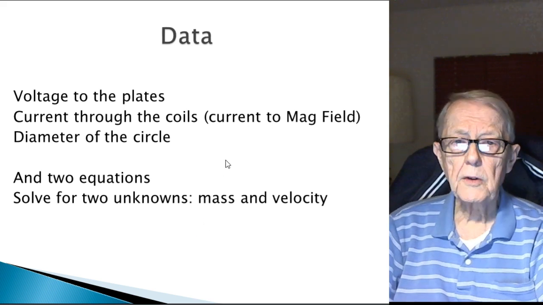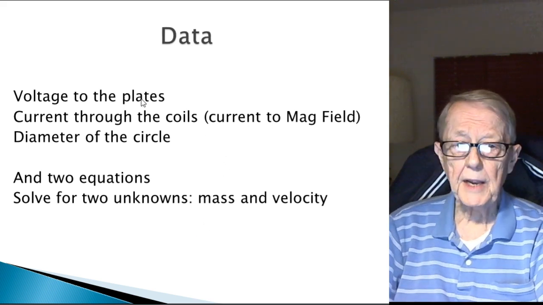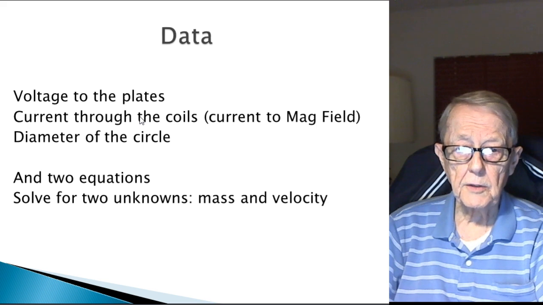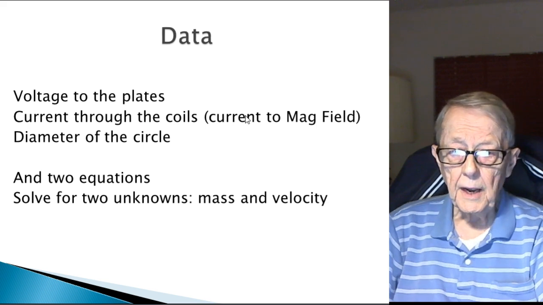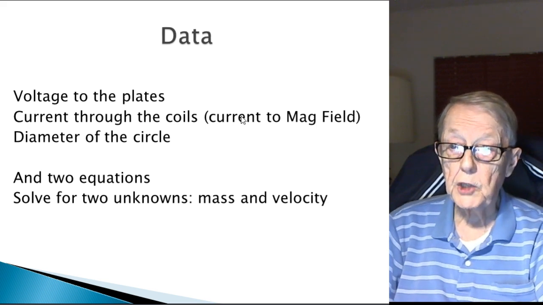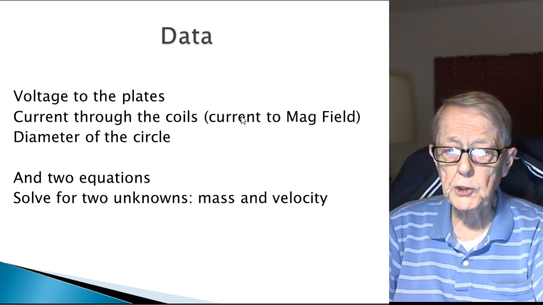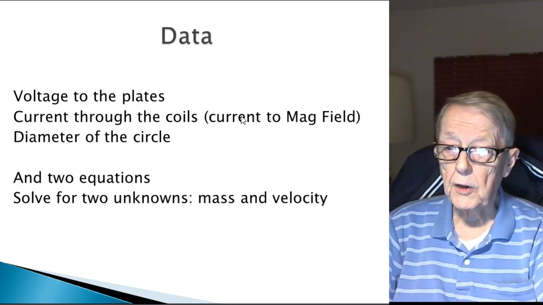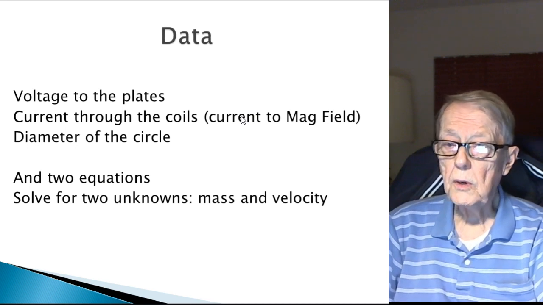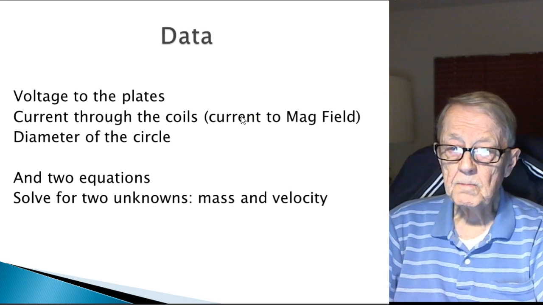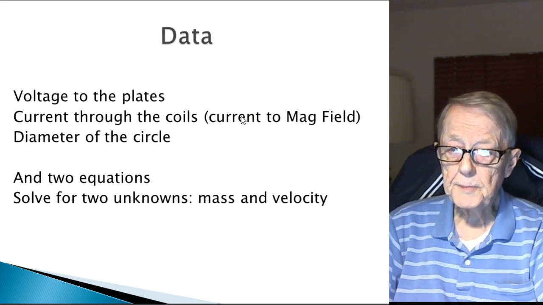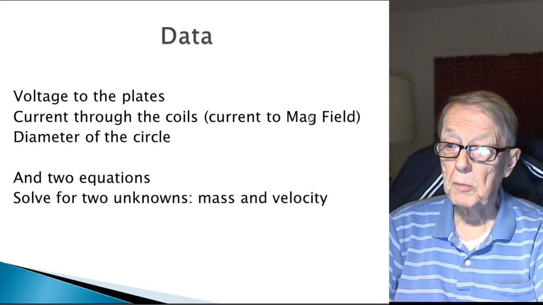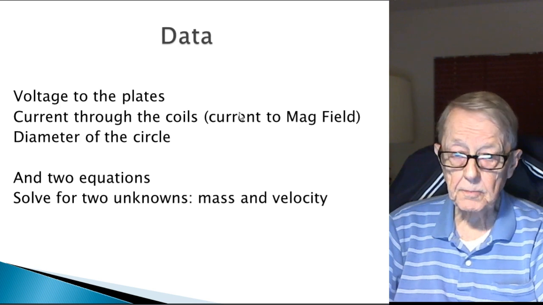Okay, so this is the data they have. They have voltage to the plates, they have current through the coils, and they made a chart. I'm not showing that here, but they're able to convert the current through the coils into the strength of the magnetic field.